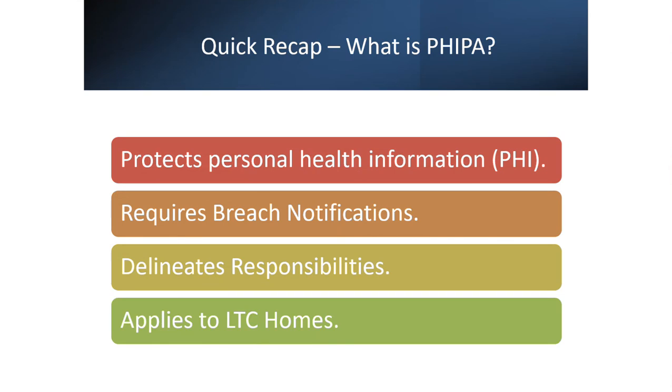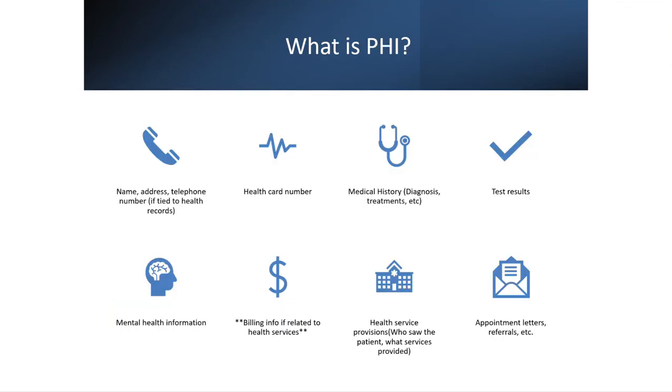So, let's now say, what is PHI? Because the way you decide whether or not PIPA applies to you is whether or not you have any PHI, personal health information. Sorry, my slides are over on the one screen, so you'll see me going back and forth.